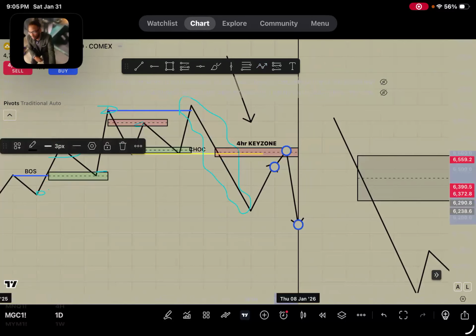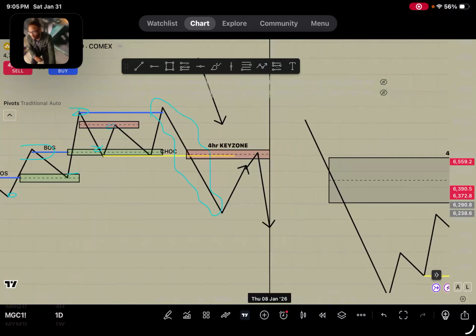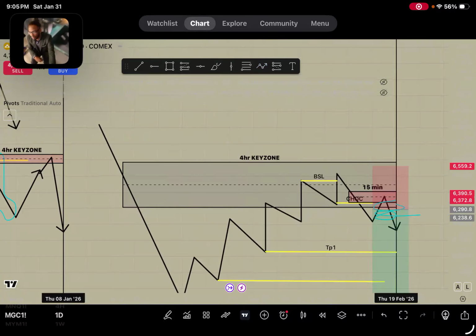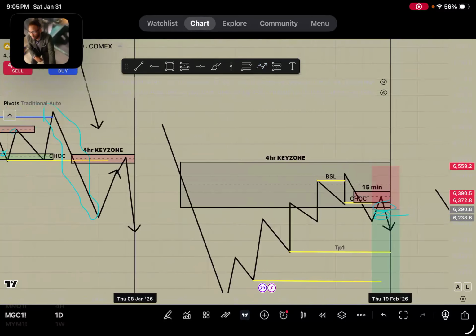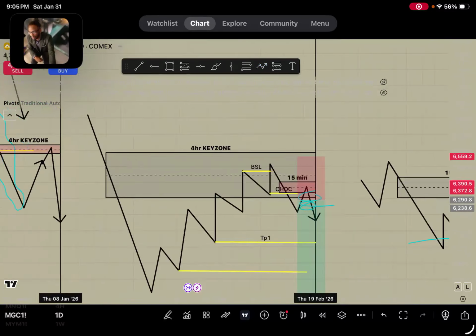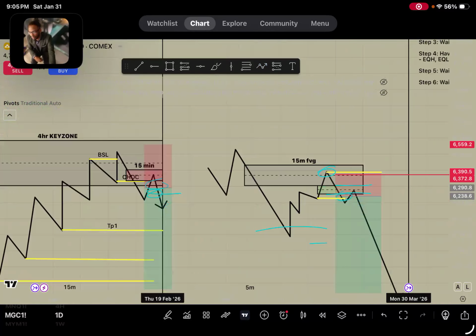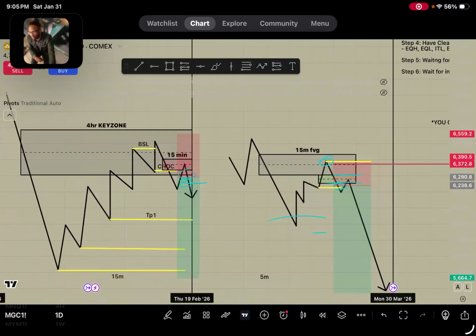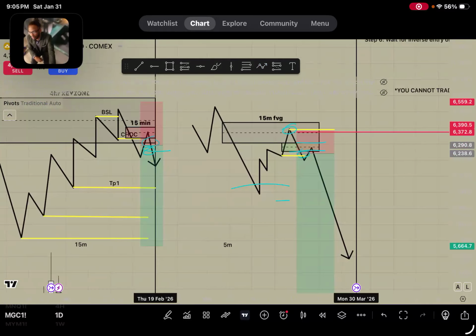We're waiting for the key zone, then going down to the smaller time frame to confirm that we could be respecting this key zone. Once we get alignment on a smaller time frame, we enter and put our money on that.